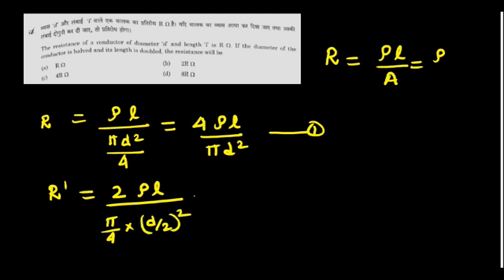So it comes 2 rho L upon pi by 4 multiplied by d square by 4.